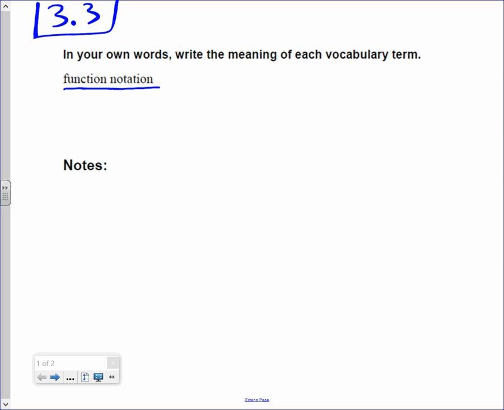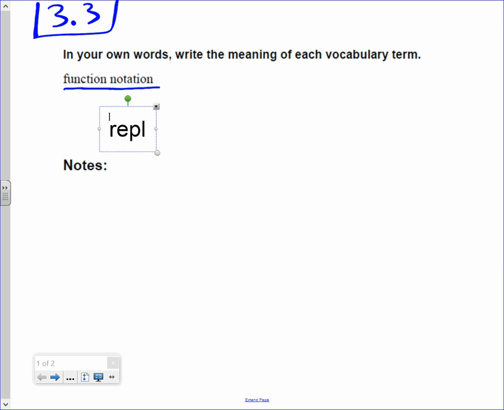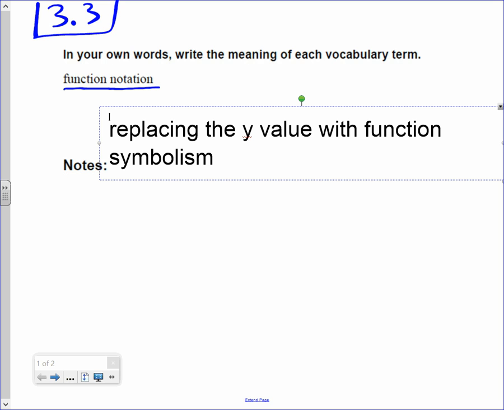Function notation is replacing the y value with function notation or function symbolism, f of x, or any other name.